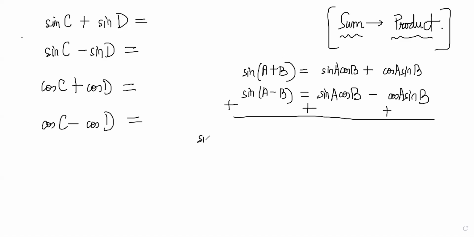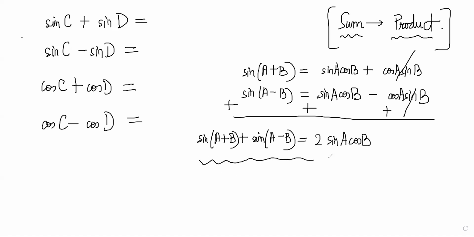Sine of (A plus B) plus sine of (A minus B) should be equal to 2 sin A cos B, because this part gets cancelled.